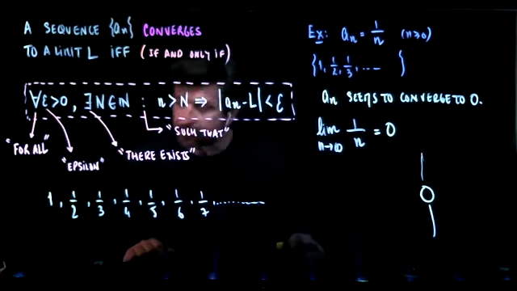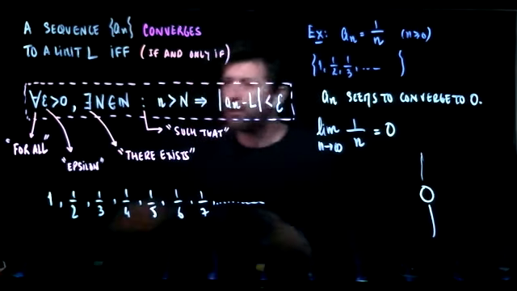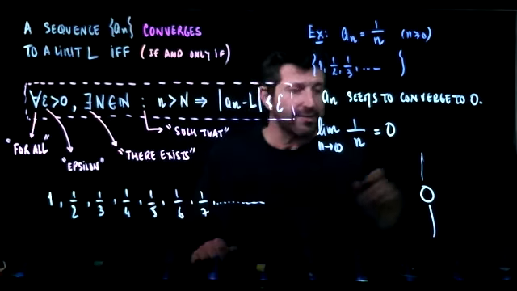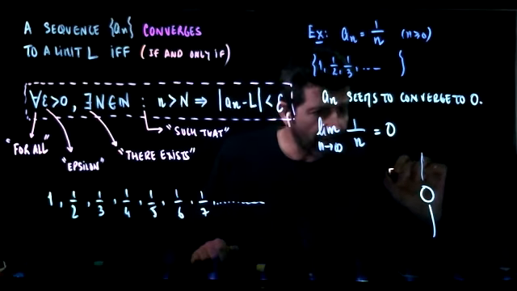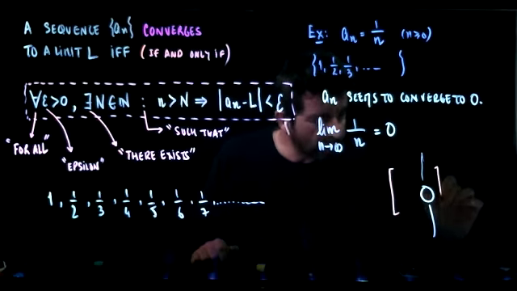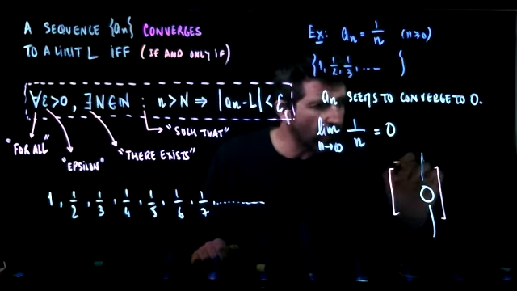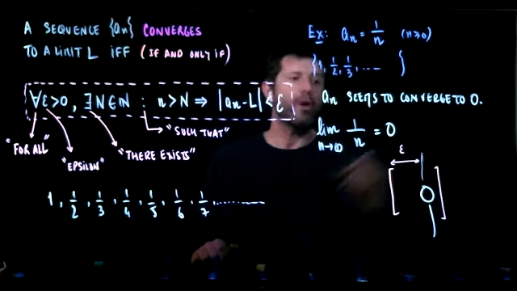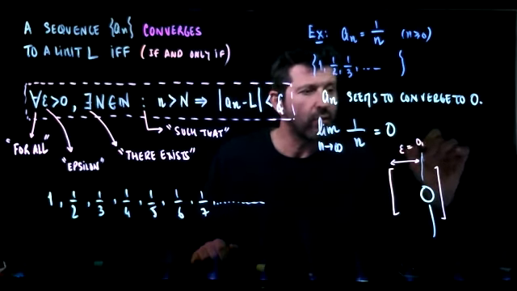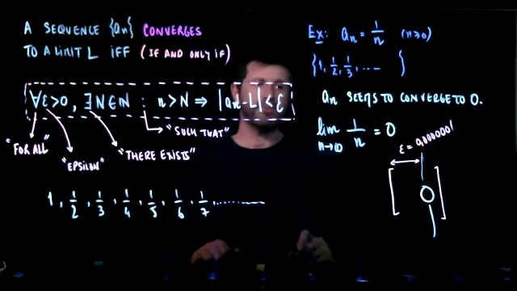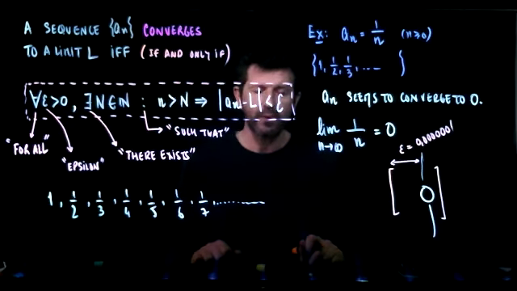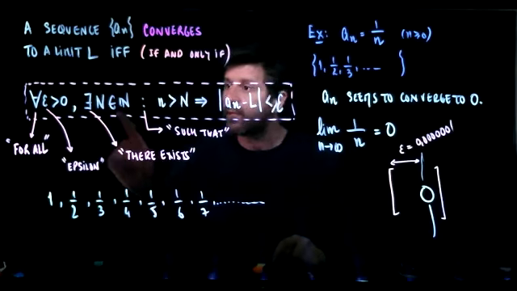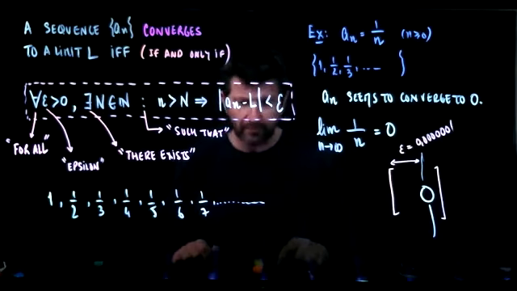But what this tells me is that if I choose epsilon to be whatever I want, let's say 0.0000001, that's my epsilon. Well, there exists a number n.